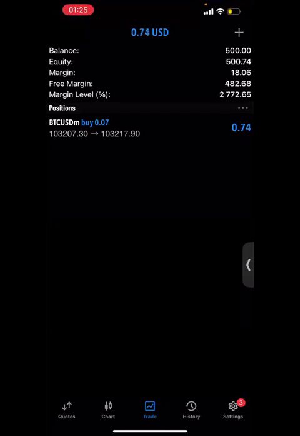So you do not actually hold this position with your profits and losses; they have already taken $18 from my account. Now free margin is the amount that is free, the amount I can still use to enter other positions. So I currently have $484 of free margin to enter more positions. For this position I'm currently in, $18 has been reserved to hold the position for me. If I want to enter more positions, they will take from that $483.